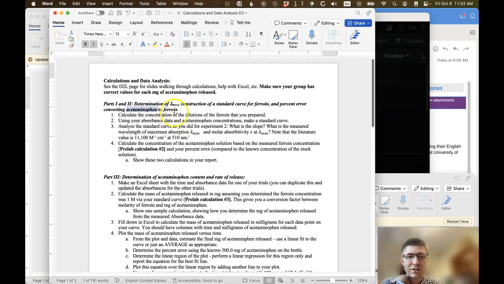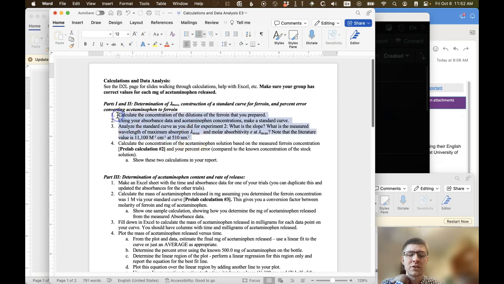But by doing this series of reactions, we can turn it into ferroin. Then the ferroin, with that bright red color, we can detect with UV-vis, right? So that was our approach. We're going to detect acetaminophen by first converting it to ferroin and then measuring ferroin with our UV-vis.